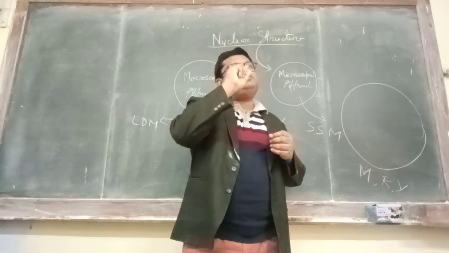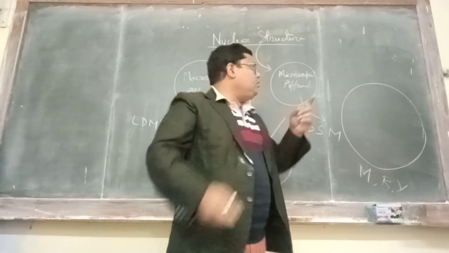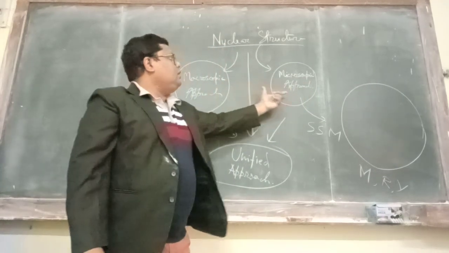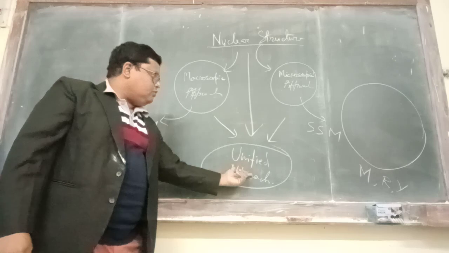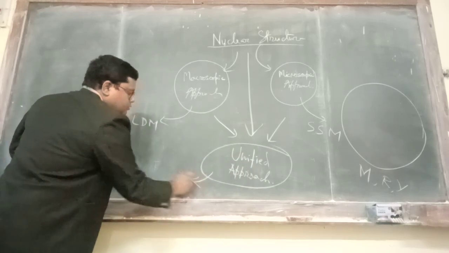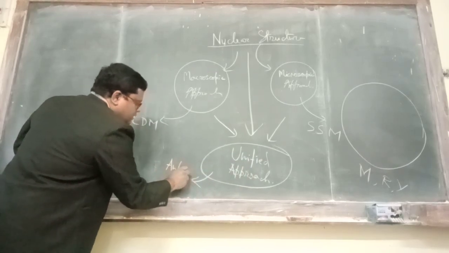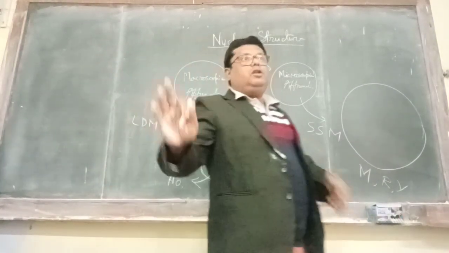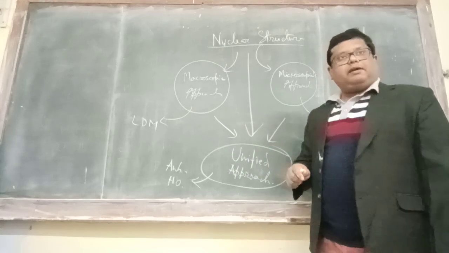But again I am talking about a single particle outside the deformed core. So it's a microscopic approach. So it's a marriage of both microscopic and macroscopic approach. That's why it's called the unified approach. So the anharmonic oscillator problem that we discussed in the last class belongs to this unified approach.